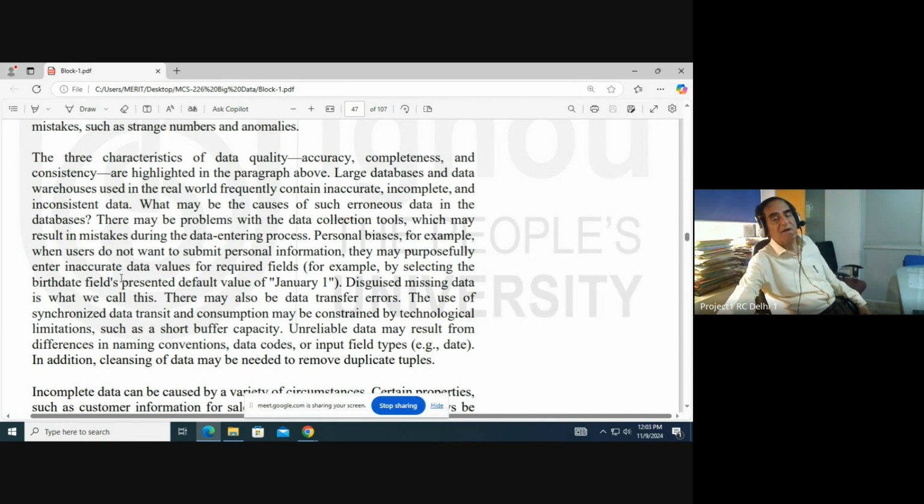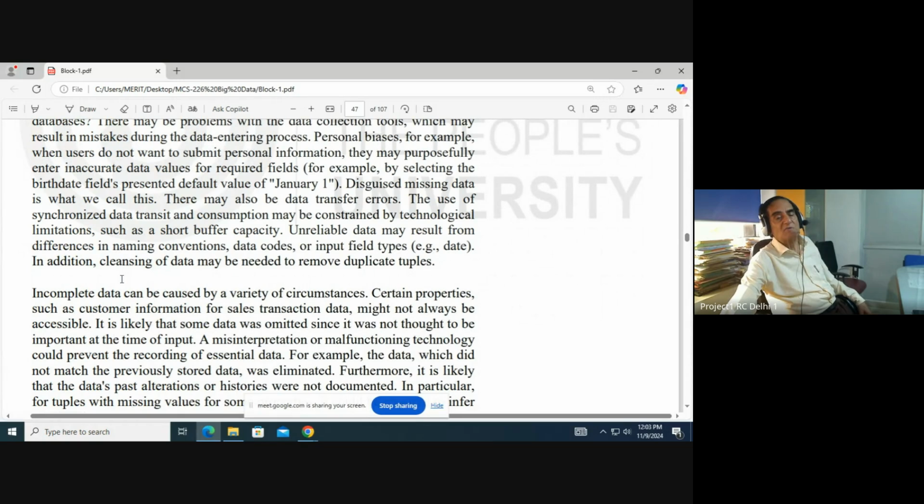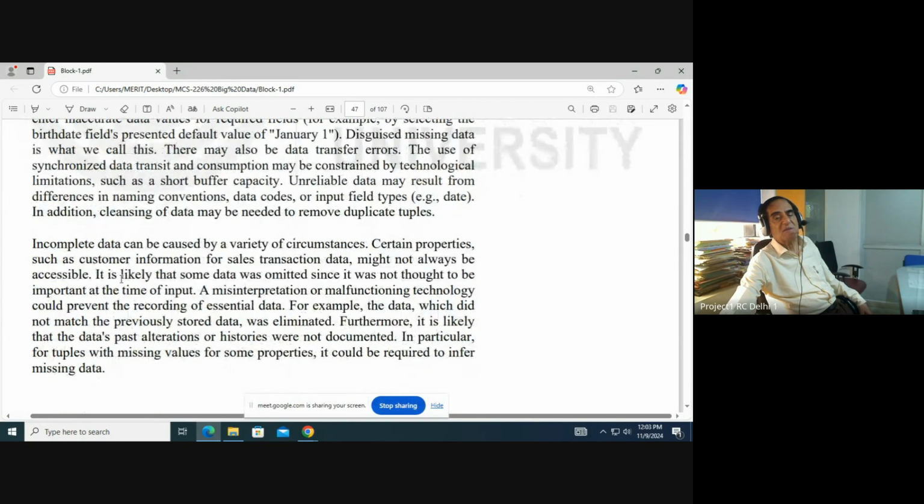So incomplete data is caused by a variety of circumstances; certain properties such as customer information for a sale transaction might not always be accessible. It's likely, because some data you have to create so that data shortage is not there. Some missing data you have to create, either taking the mean of the previous data or something like that, or you have to omit that.